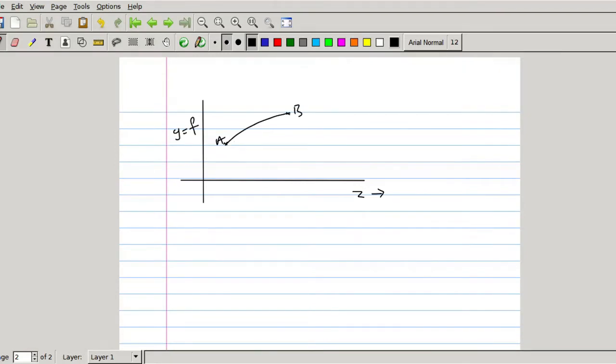And along this point, if I draw a tangent, then with the horizontal, this is making an angle theta. Theta is angle made by this string with horizontal at the point A. And the tension acting on the string at this point is T, which is along the tangent.